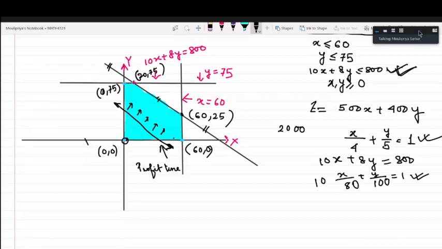See, even if you had taken a number which is a multiple of these two, because what I want is an intercept form so that plotting becomes easy. Am I right?